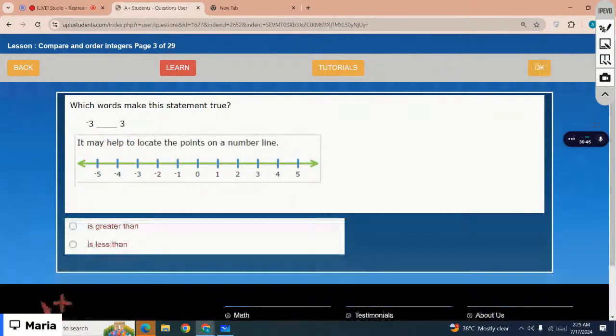Which words make the statement true? -3 and 3, which is the correct option?